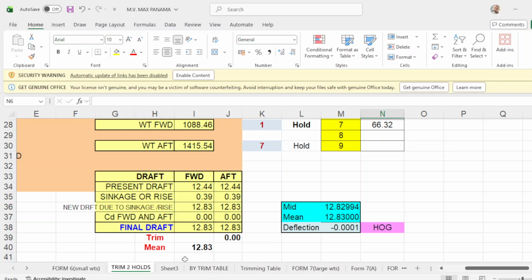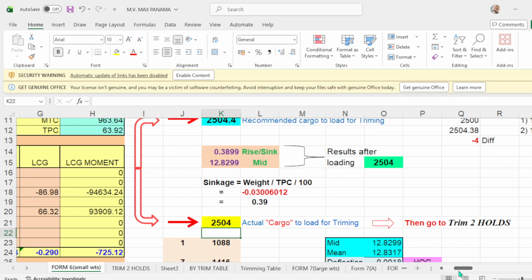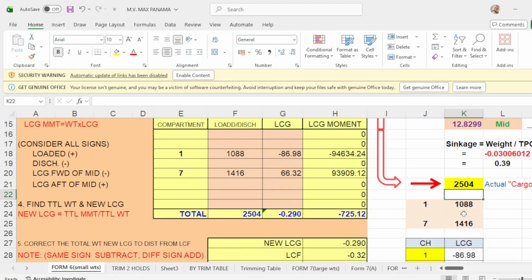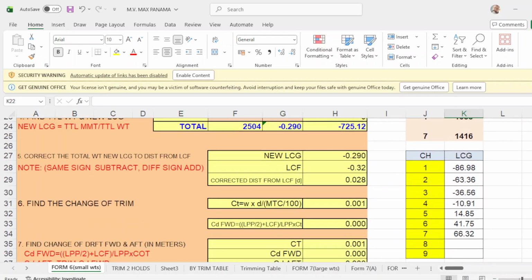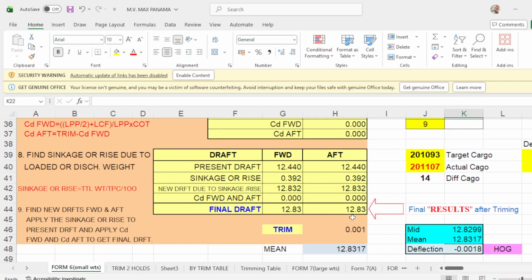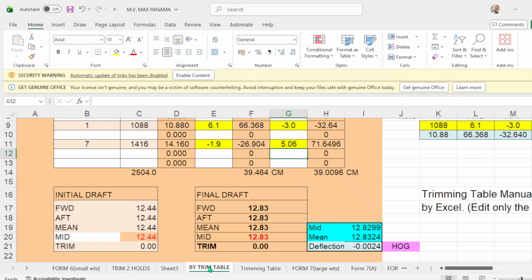Forward, aft is 12.83. And in form number 6, take note, we load here number 1, 1088, and number 7 is 1416, and your final draft is 12.83. The same, forward, aft is 12.83, zero trim, and mean 12.83. You have the zero deflection. Then we go now to the trim table.